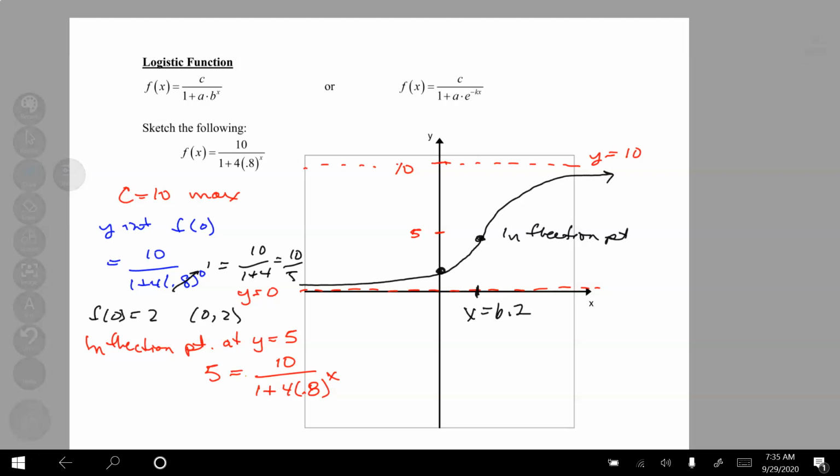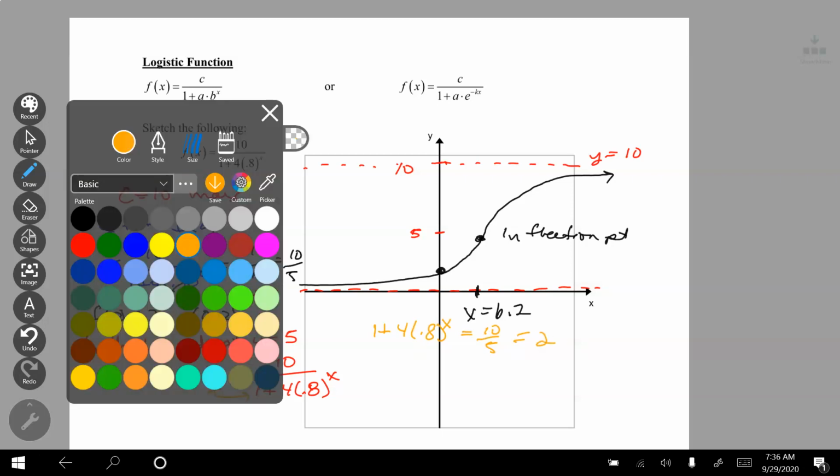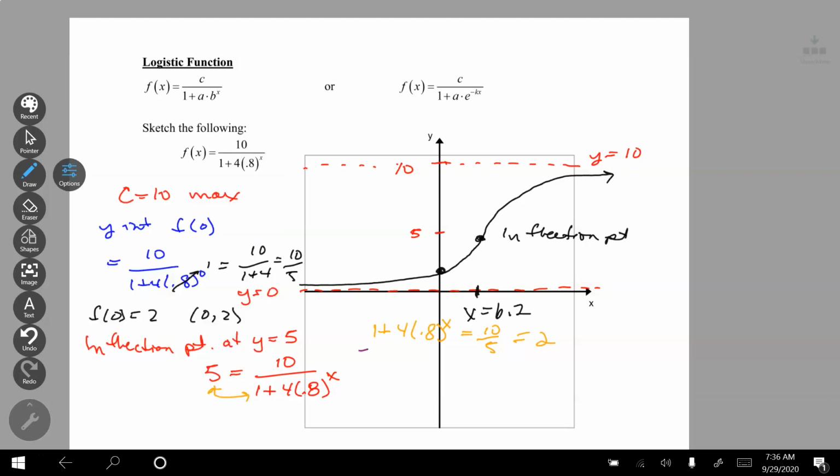I'm going to solve this by setting 5 equal to my logistic function. And I know this little trick that this 5 on this side can switch spots with this denominator, and this denominator can go to the other side. So I really get 1 plus 4 times 0.8 to the x is equal to 10 over 5, which is just equal to 2. I can subtract 1.